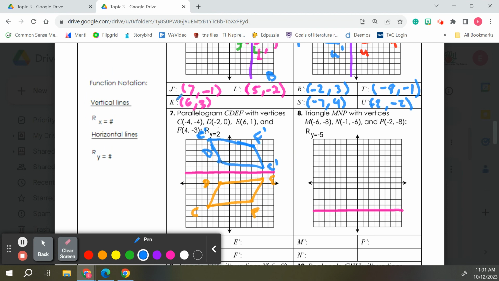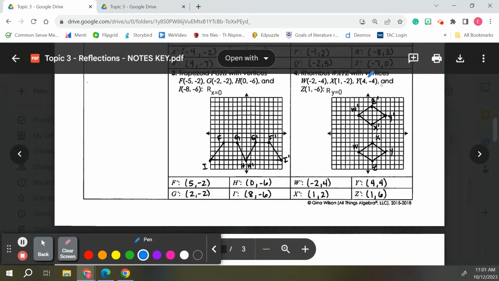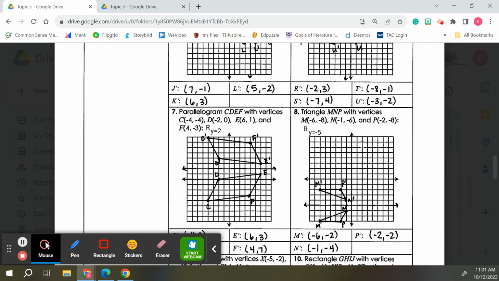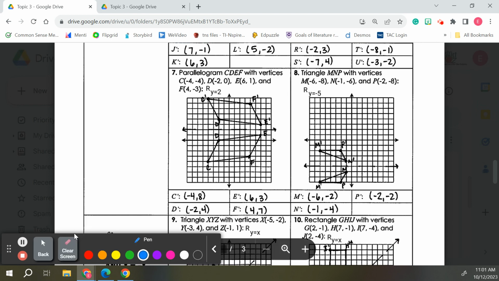Now I'm just going to show you number 8 to make things a little bit easier. Just remember, everything is supposed to be equidistant. So here it is. If you look right here, this was your line of reflection, and these are all the points.